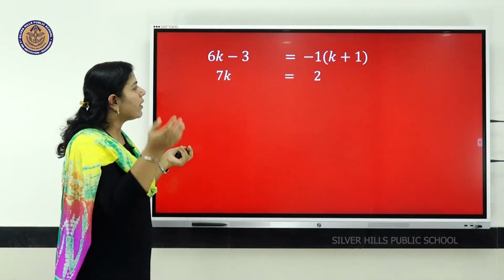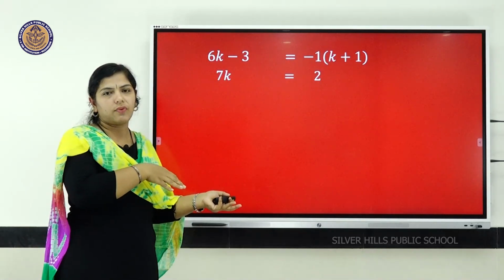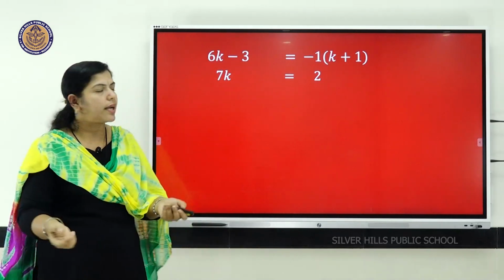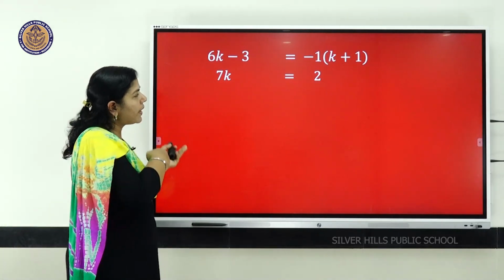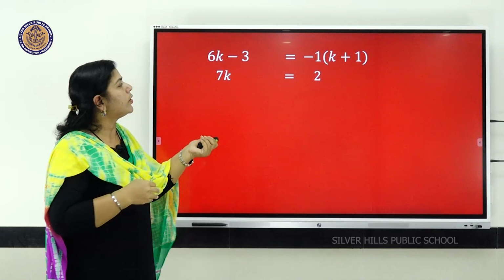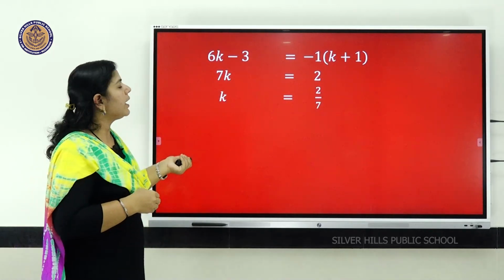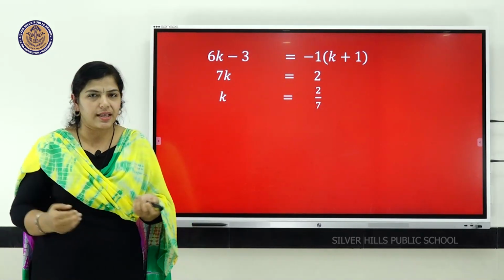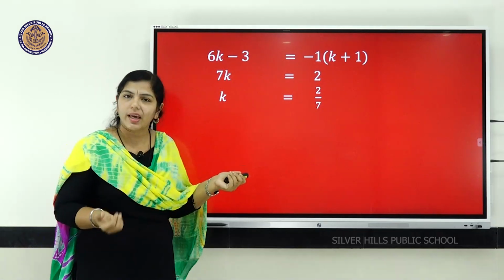Then all the k values we will take to one side, the constants to the other side. It becomes 6k plus 1k, that is 7k equal to 2, that is k equal to 2 by 7. We got the value of k.